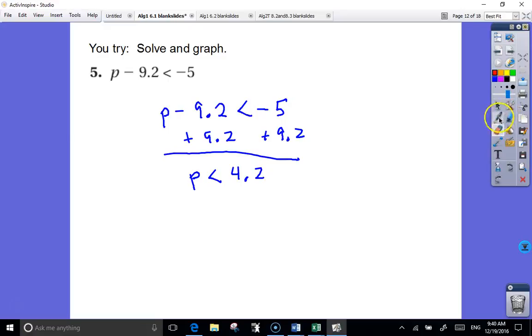And then we get a graph. Open or closed circle? Left or right? Less than?